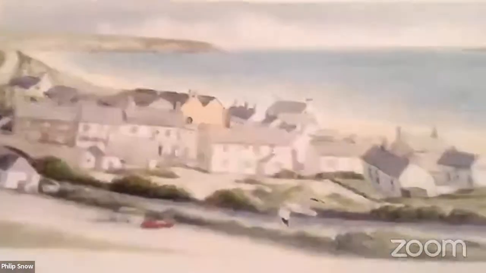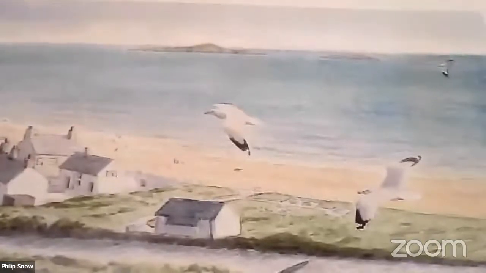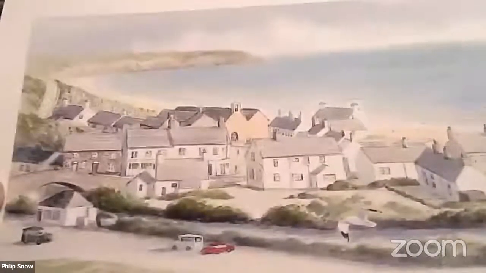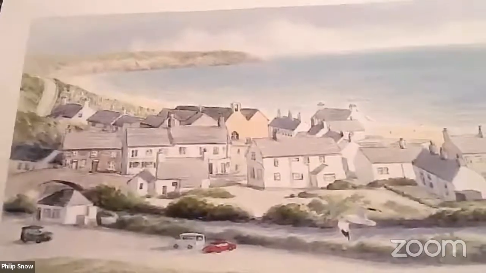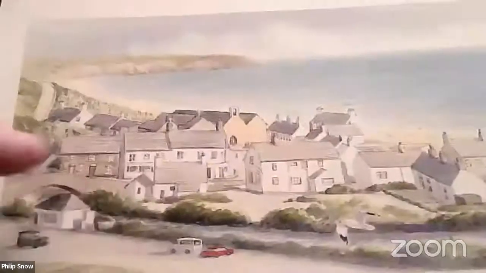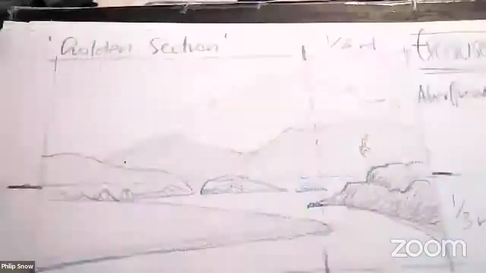Then we've got other long paintings like this. This is Aberdaron, in which the birds are more or less secondary to the whole landscape. That's where I started my painting career, by the way, in this craft shop in Aberdaron, if you're ever down there.